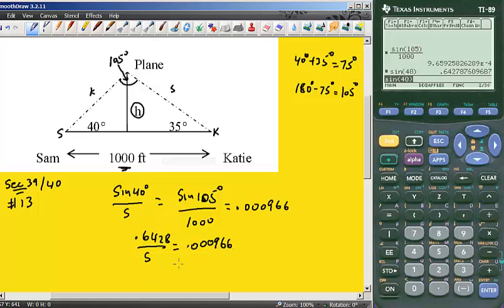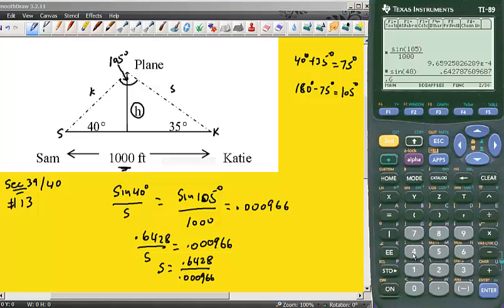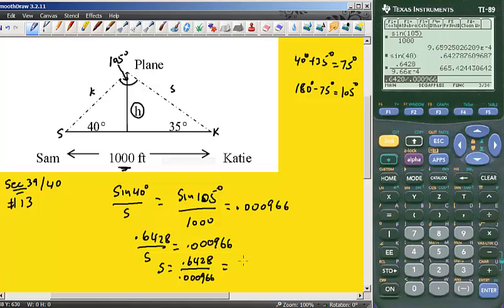To find S, we're just going to cross multiply, so S is equal to 0.6428 divided by 0.000966. Let's do that. Enter, and the side S turns out to be 665 feet.